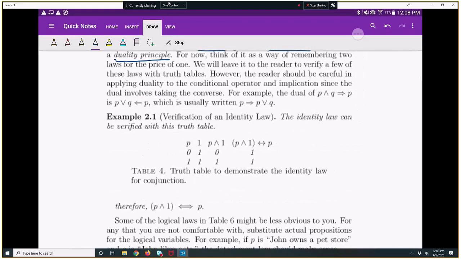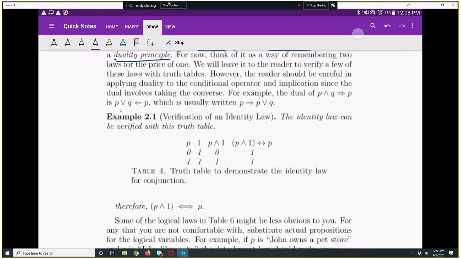And we also want to note that we are a little careful when we apply duality to the conditional operator, because we also have to take the converse. So it's not enough to just replace disjunctions by conjunctions. So for example, the dual of P and Q implies P will be P or Q, and when I switch this arrow, I will now say is implied by.